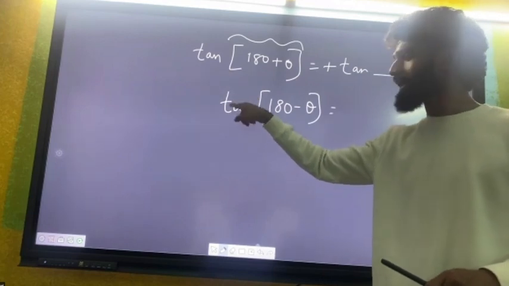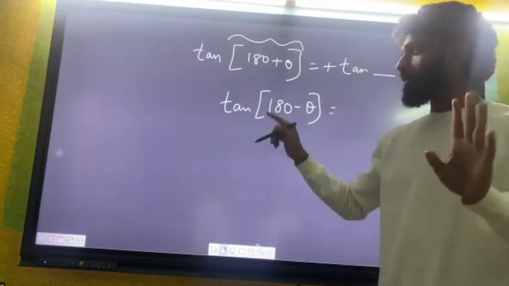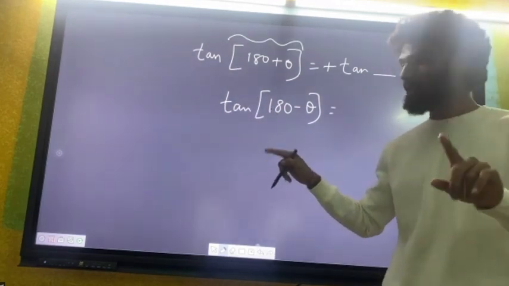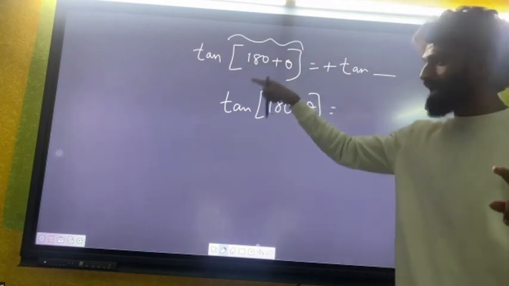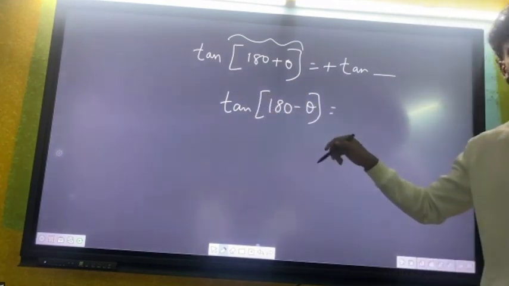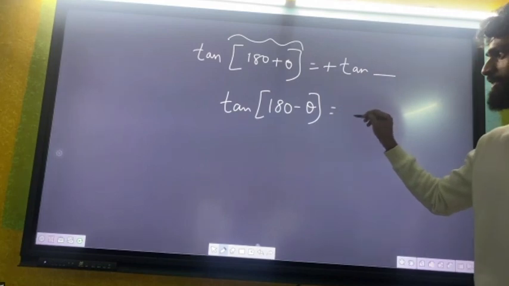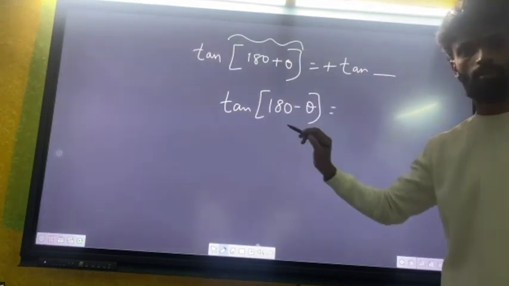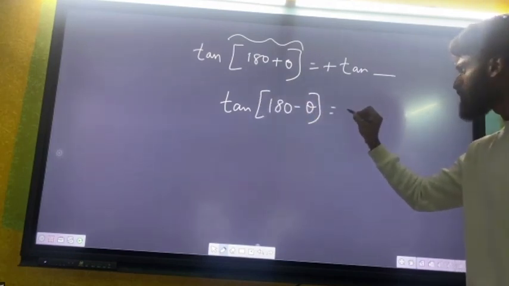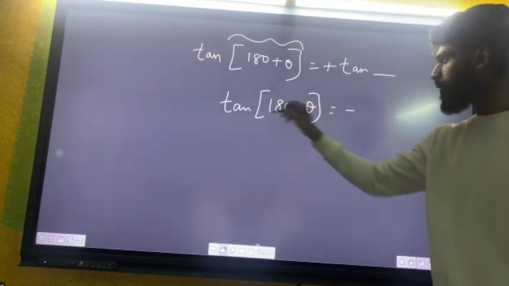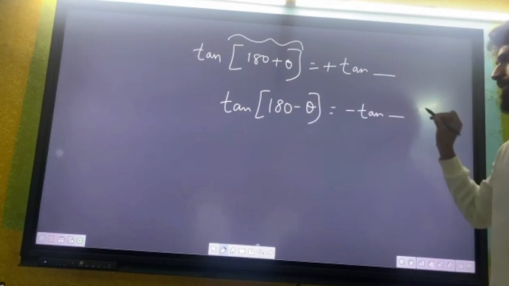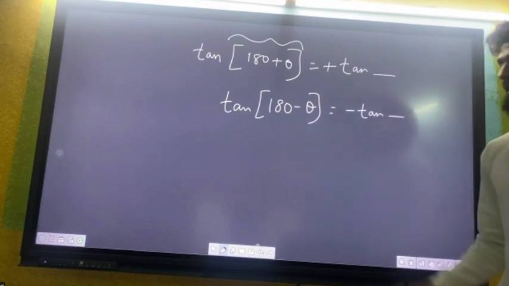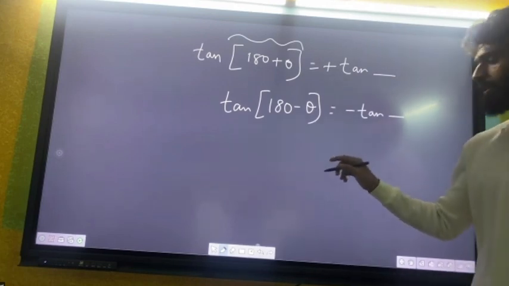In the second quadrant, sine and cosecant are positive. But is tan positive? No, so tan is negative. Should I write sine and cosecant here? No. The question says tan. I'm just here to check if tan is positive or negative. Since tan was negative, you put a minus and copy the tan something. Got that? Any doubt here? No? Let's try one more.